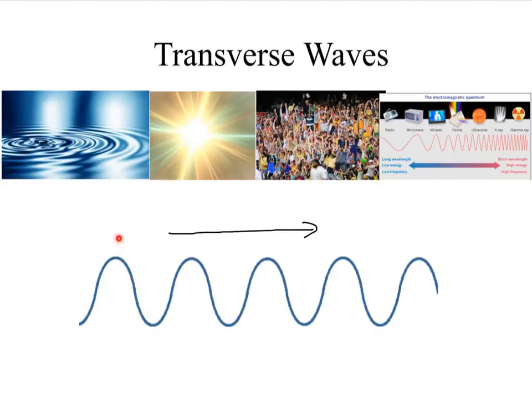So you would be moving up and down every time a wave came past you. Okay? So we can say that the direction of oscillation is at right angles to the direction in which the wave is travelling. So these are my oscillations here.